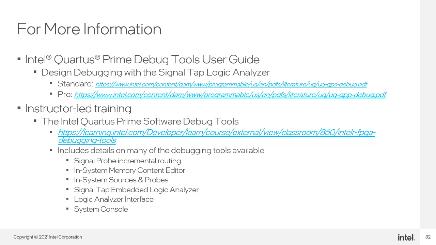If you'd like hands-on experience with the Logic Analyzer, enroll in the Intel Quartus Prime Software Debug Tools instructor-led training. Besides discussing several other tools that help in verifying a design in hardware, you'll get to work with the SignalTap ELA on an Intel FPGA development kit with direct assistance from an Intel FPGA training engineer.